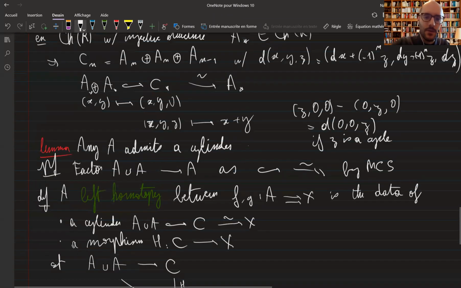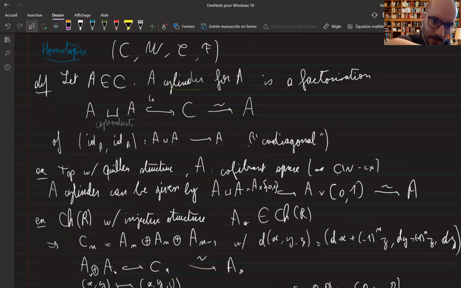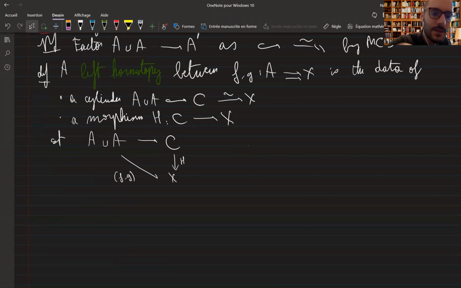Oh, I forgot to make one notation. These two inclusions, well, not necessarily inclusions, but these two morphisms, I will call them I0 and I1, right? Just a notation. Okay, so in topological spaces, this precisely matches the definition of a homotopy, as usual.